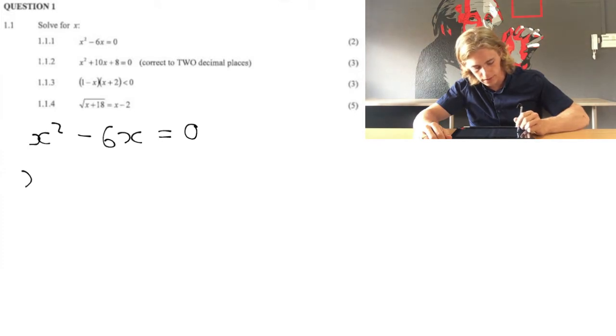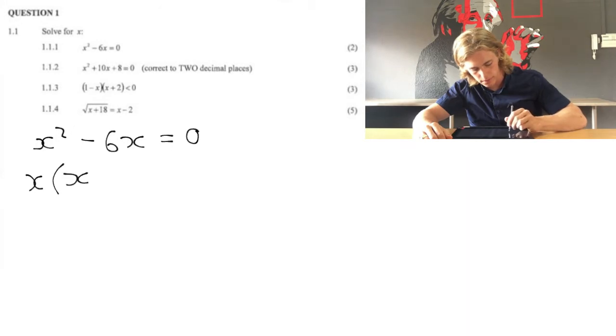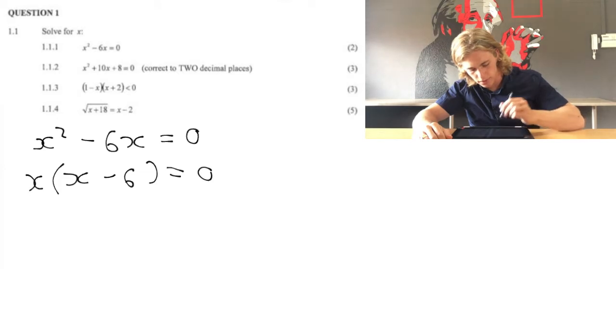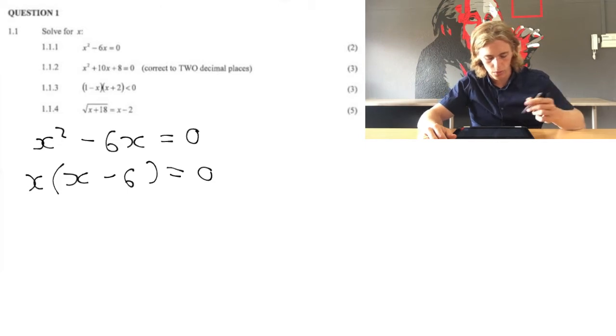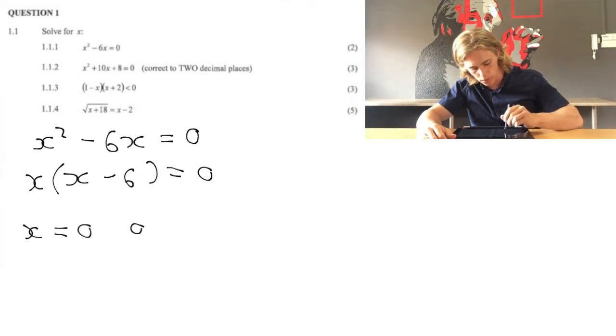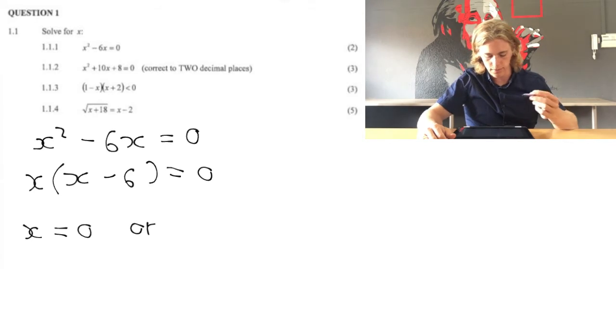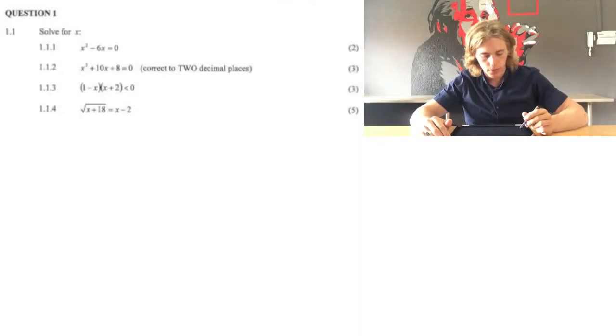So we'll have x, put the brackets in, x minus 6 equals 0, and now the product, the x has to be 0 or the x minus 6 has to be 0. So therefore we've got x equals 0 or x minus 6 must equal 0, therefore x equals 6.